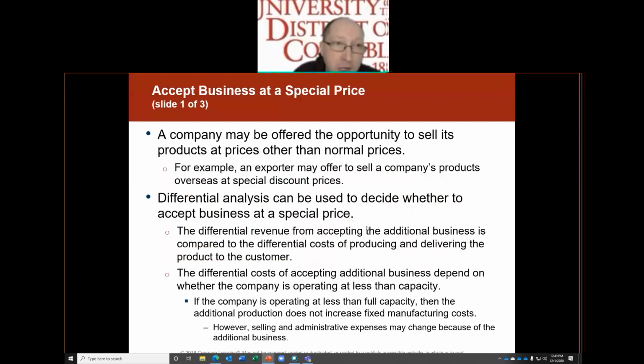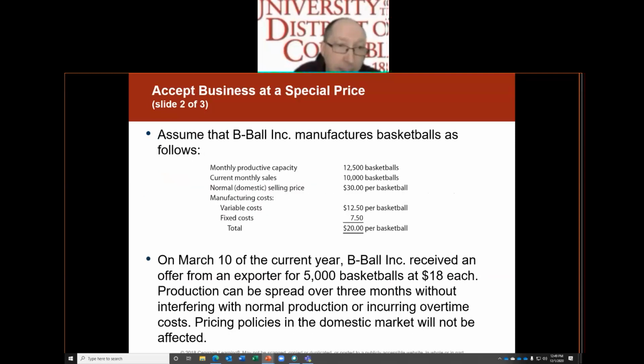What about the decision to accept a special price? This means basically I negotiated a price for sales, right? Let's assume this company makes basketballs. They produce 12,500 basketballs in a month.